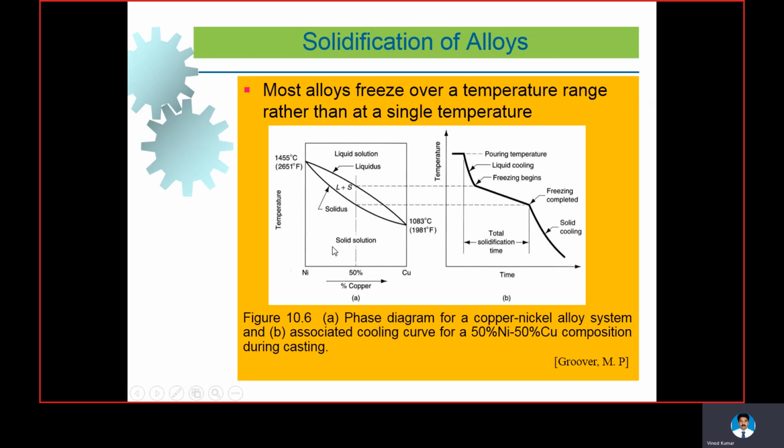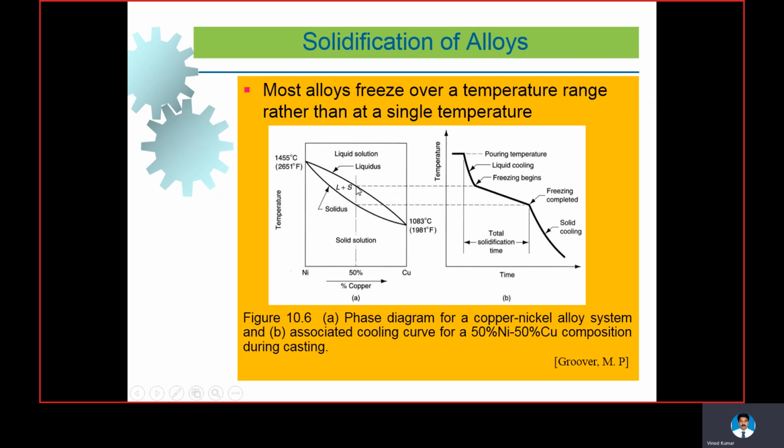If you see this phase diagram, it shows, for example, a 50% copper and nickel alloy. You can see here it's a copper nickel alloy. At 50% copper, what happens at a particular point? This area is completely molten metal, liquid metal. This area is a mixture of liquid and solid, and this is completely solid. So at pouring temperature, you could see here it is completely liquid. And then after some time, what happens?